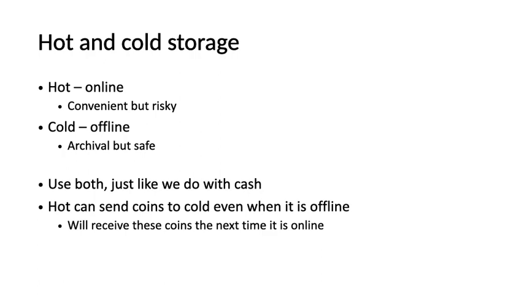Usually you would want to use both, just like what we do with cash. One thing to mention is that hot storage can send coins to cold storage even when the cold is offline. The cold storage will then just receive these coins the next time it is connected online.